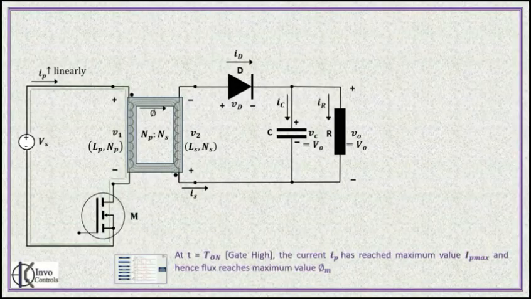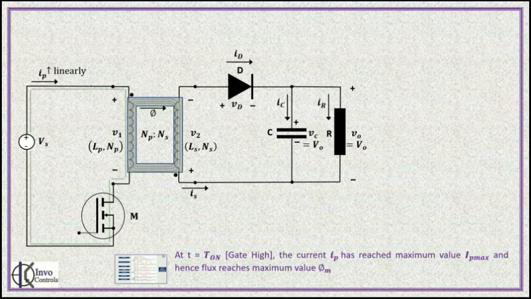At T equal to T on gate high, the current IP has reached maximum value IP max, and hence flux reaches maximum value phi m. You can see here on the screen we have labeled IP equal to IP max, and your flux value is labeled as phi m, which denotes the maximum flux.